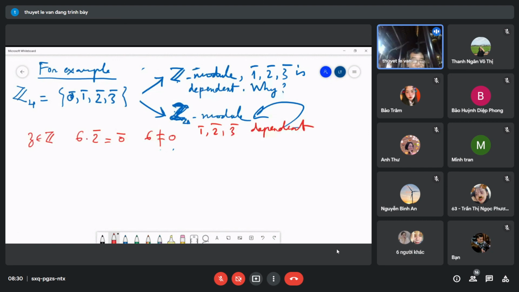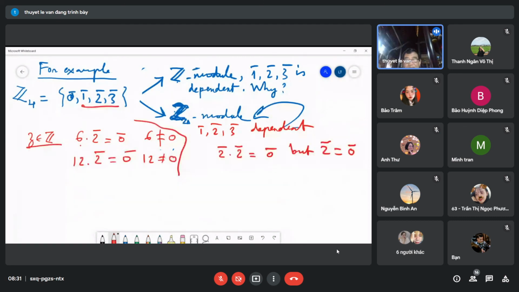Here you can take z in Z. But in this case, you only take 1, 2, 3. 1 times 2 is equal to 2, and 3 times 2 is 2.